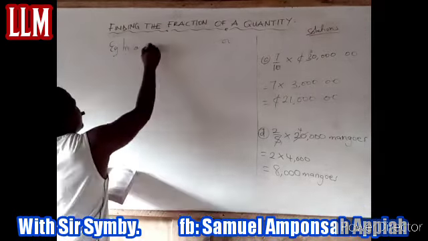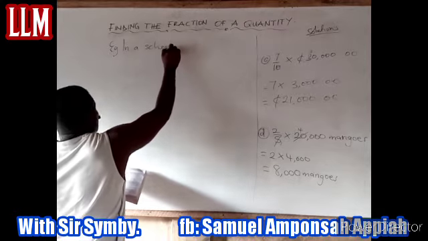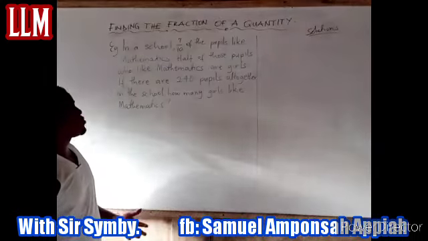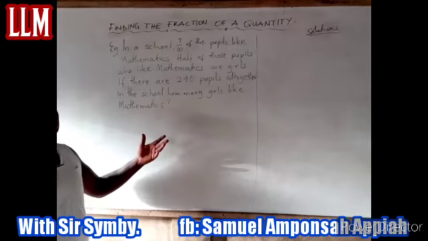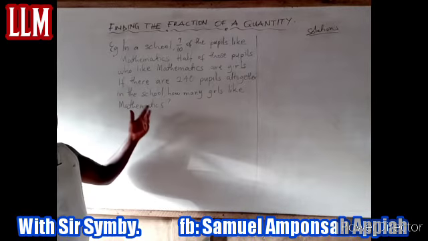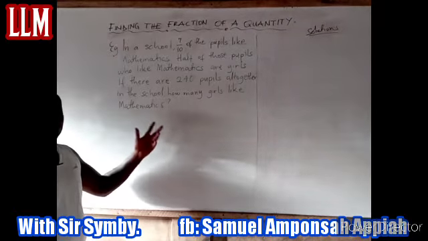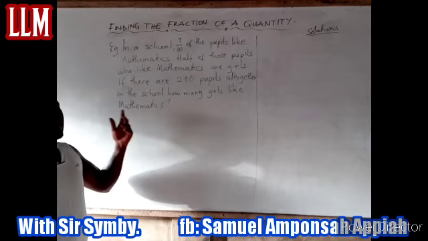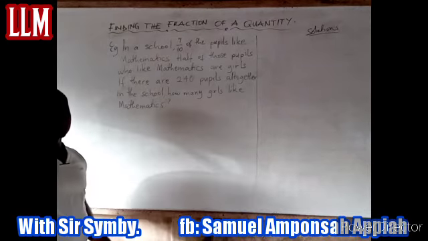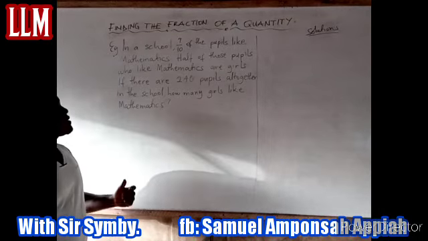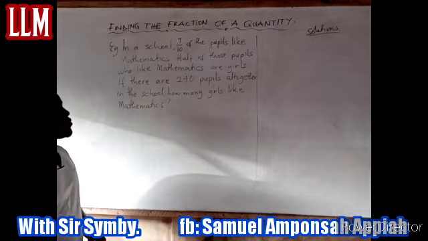So, as I told you, sometimes the question will be given to you in a statement form, in a sentence form, and you are to rewrite the statement in its mathematical form and then give solution to the question. Now, let's take a look at this example.